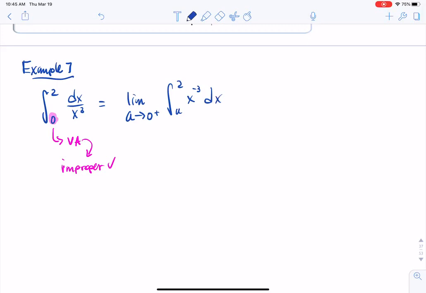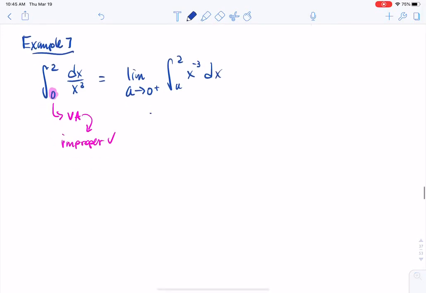Now we're ready to evaluate the definite integral. Add 1 to the exponent: x to the negative 2 divided by negative 2, evaluated from a to 2.